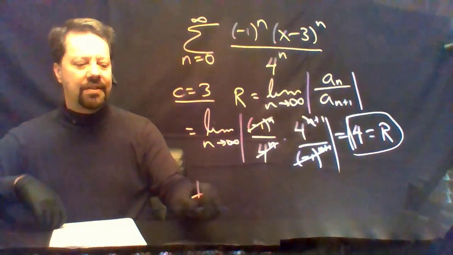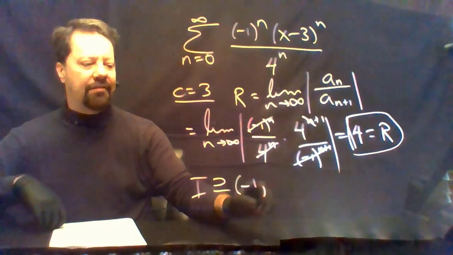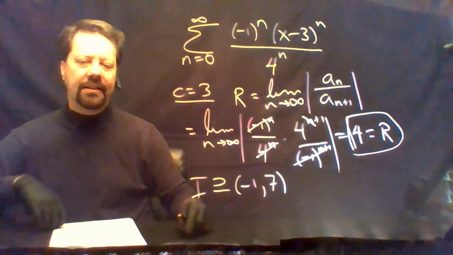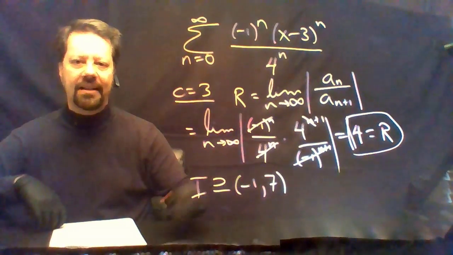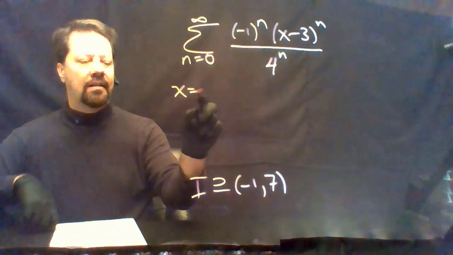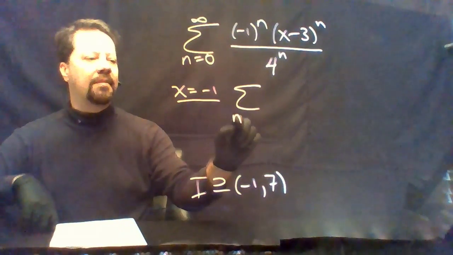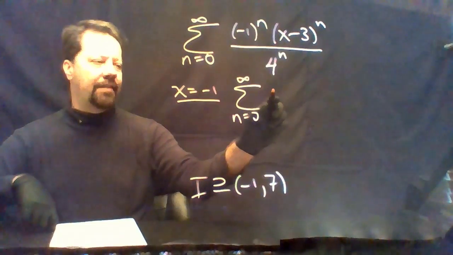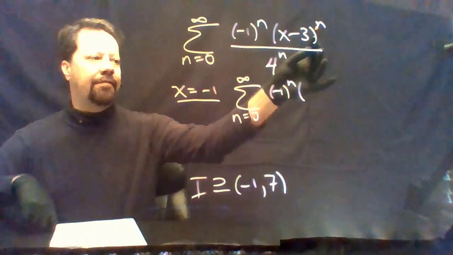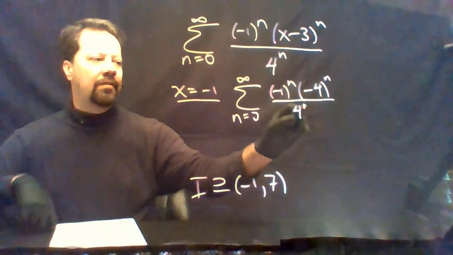It follows that the interval of convergence contains everything from negative 1 to 7. The only thing left to check is convergence or divergence at each of these endpoints. At x equals negative 1, we'll have the sum as n goes from 0 to infinity, negative 1 to the n, we'll have negative 4 to the n over 4 to the n.